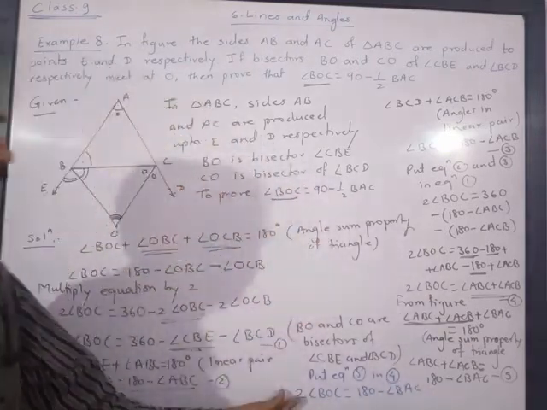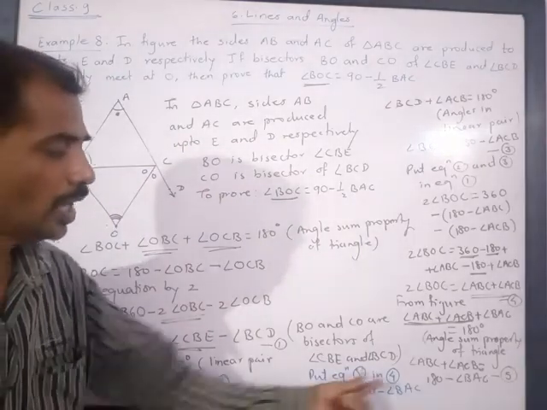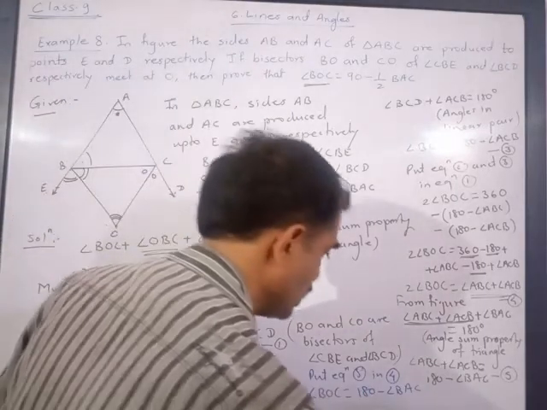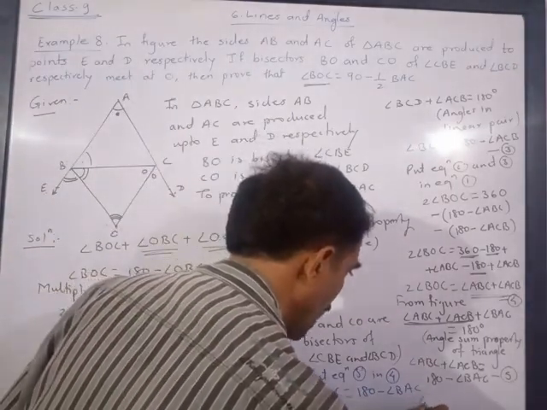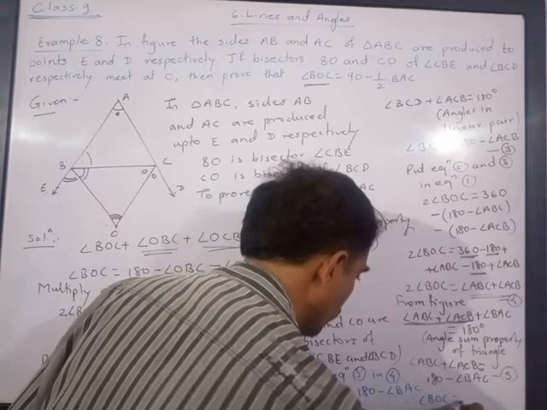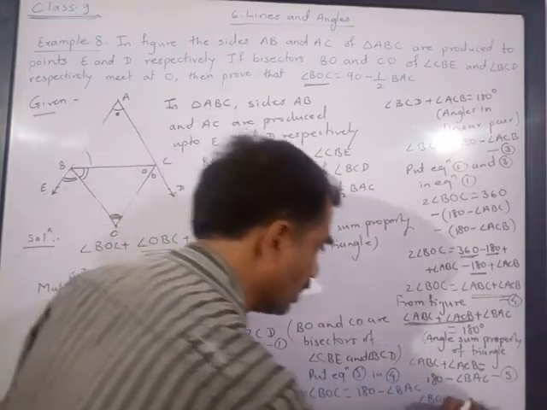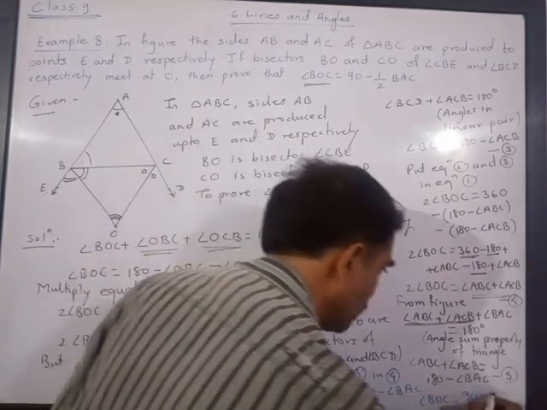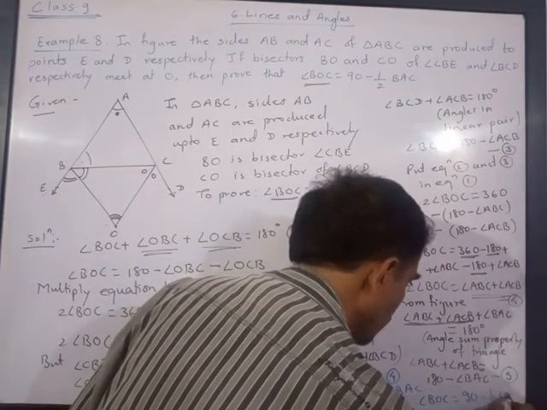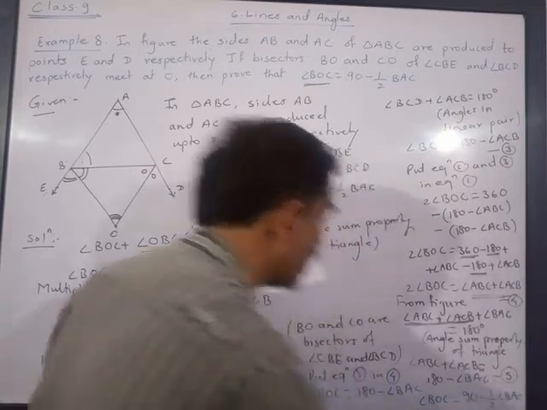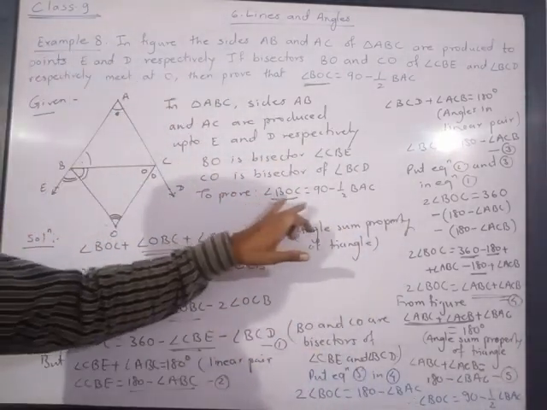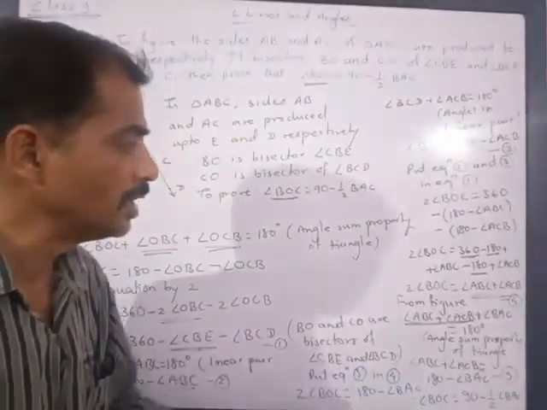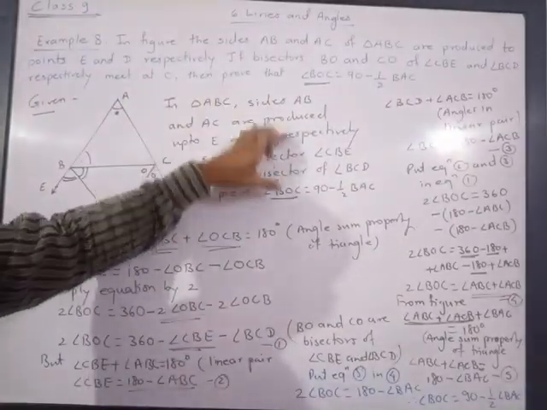If you transpose this to the other side or divide the equation by 2, you will get angle BOC is equal to 180 divided by 2, which is 90, minus half of angle BAC. So this itself was asked to prove: angle BOC is equal to 90 minus half of angle BAC. So it can be proved in this way. Please be careful while writing. I have solved in this way.